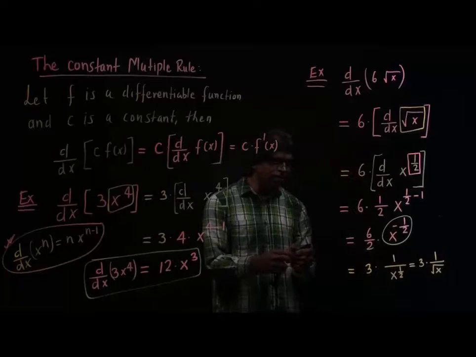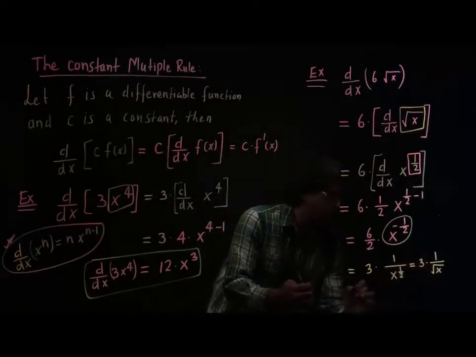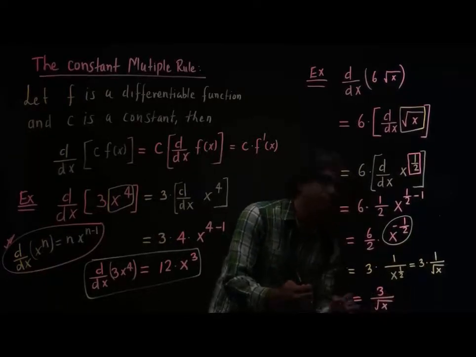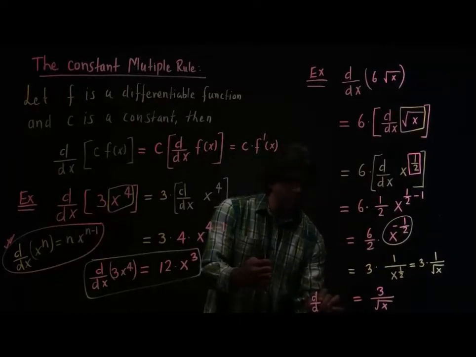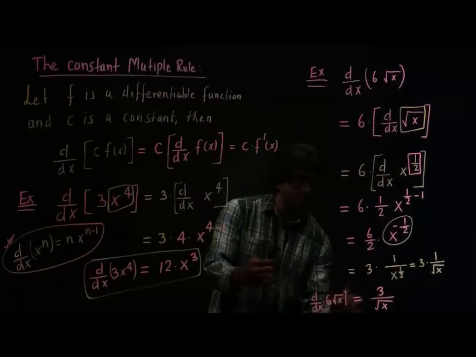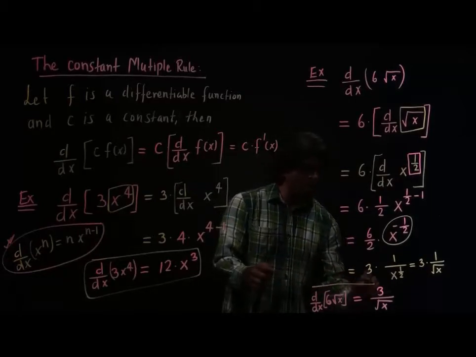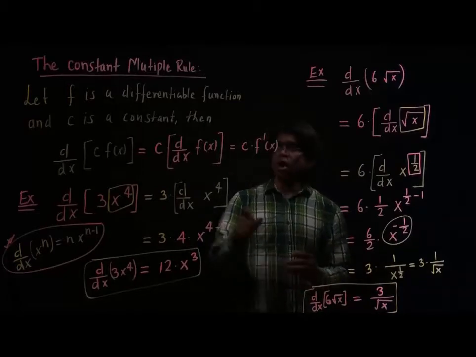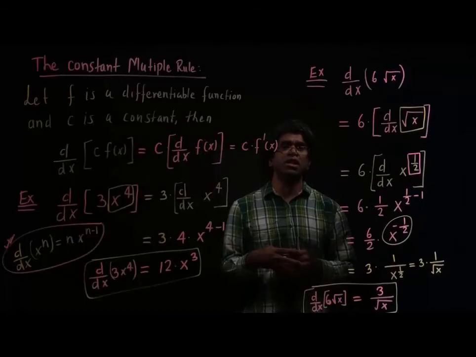Simplifying further, 3 times 1 is 3 over the square root of x. And this is the differentiation of 6 times the square root of x. So this is how we use the power rule and the constant multiple rule to find the differentiation of the given function.